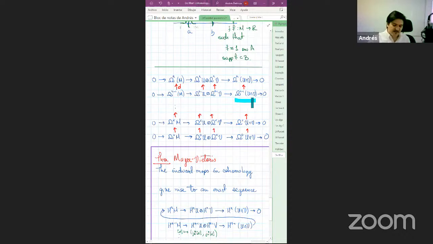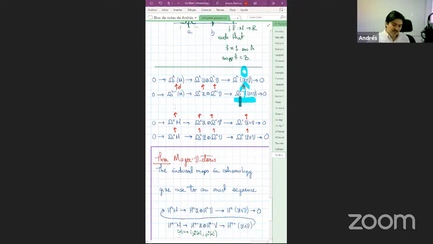So here, take an element that is closed. Because it is closed, that means that when you go up, it goes to 0, because the red arrow is the differential.